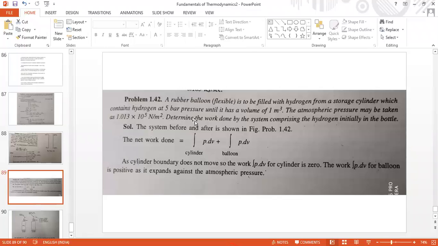Now, I'm asking you one simple question. 1 bar is equal to how many Newton per meter square? This is fundamentally required here.